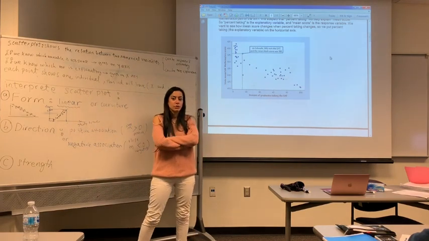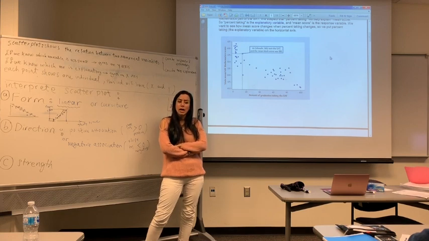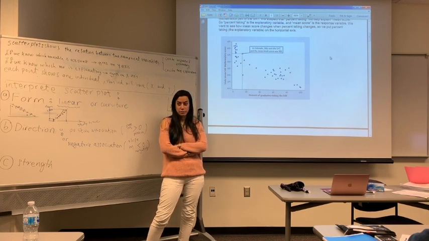So, can you give me examples of two variables which will have a positive association? One variable increases, another variable also will increase. Practice time and performance.